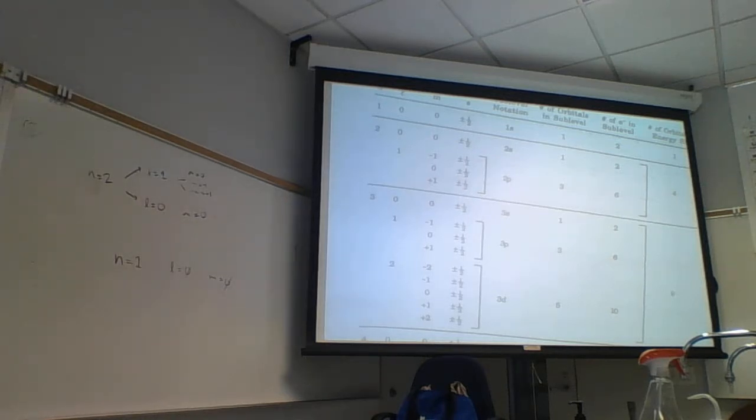Non-polar. Then 0.6 to 1.5 is polar covalent, and greater than 1.5 is ionic.